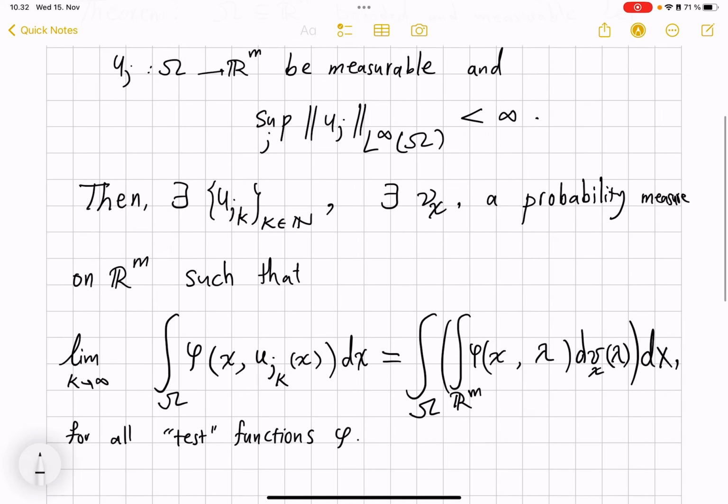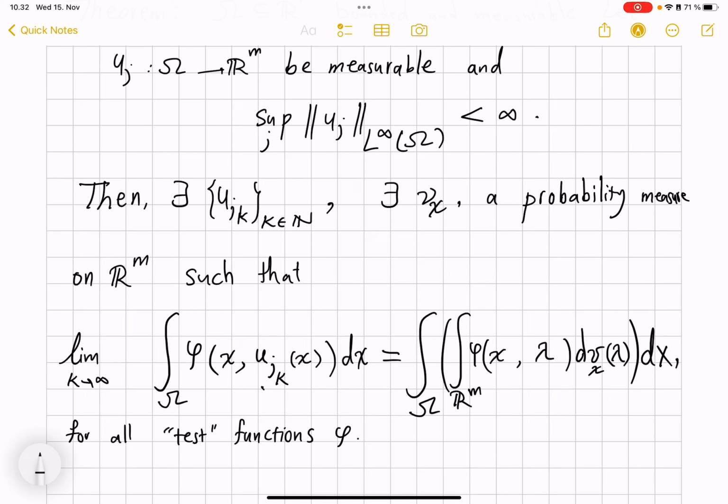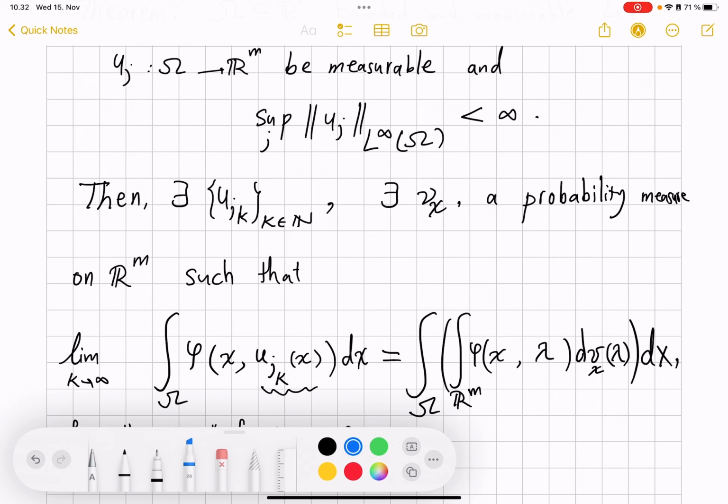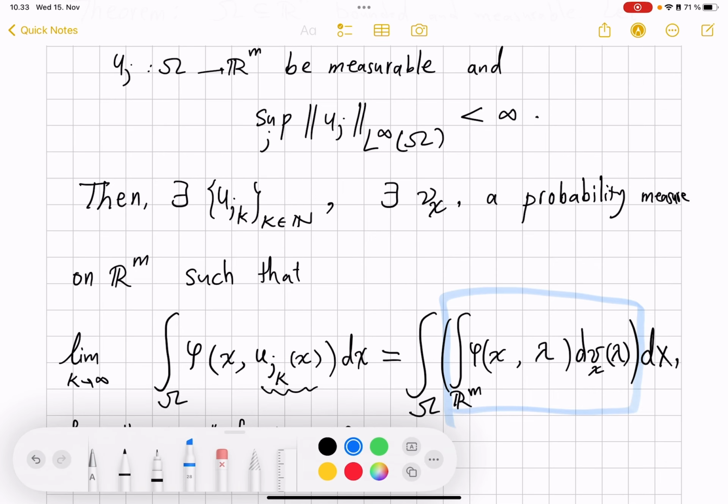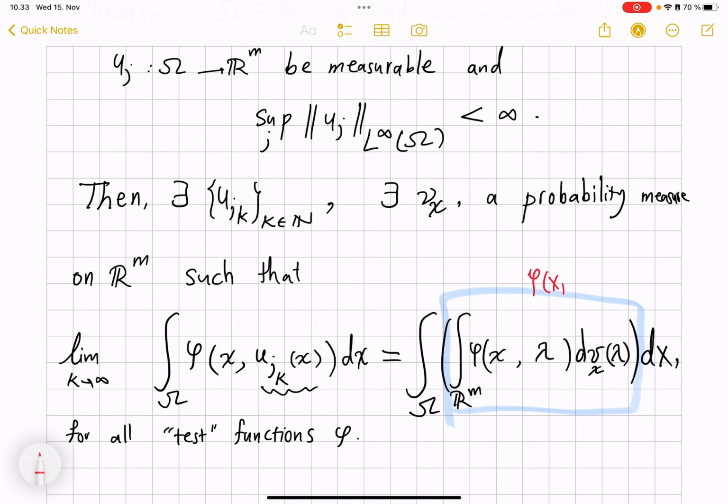But initially I explained that if these u_j's really converge to one unique value, for example, if the u_j's are just constant, they are all the same function, then obviously your formula that you want to have hold would work if you replaced all of this inside with simply phi of x and that limit u(x).